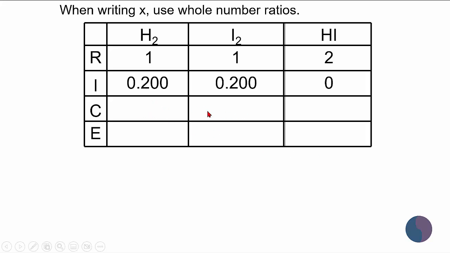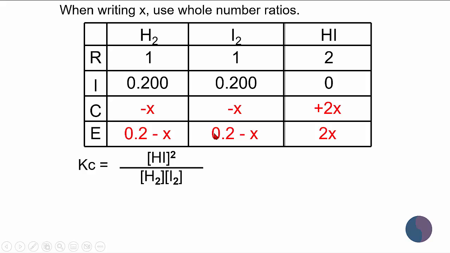So we know that's going to go down by the same X, and that one's going to go up by 2 X's. Now try and avoid fractions, so just try and make them whole numbers if you need to, times everything by 2. And so you get these values here. Okay, so same equilibrium expression, sub the numbers in, and that's it there.